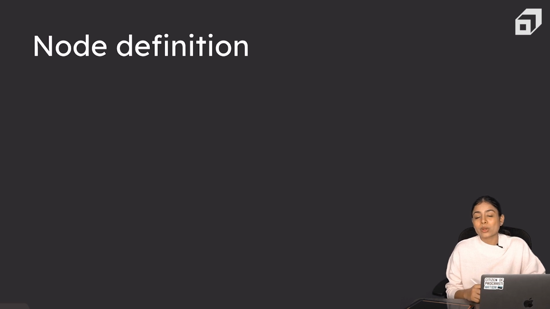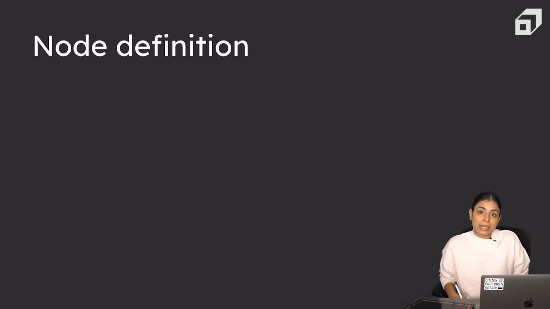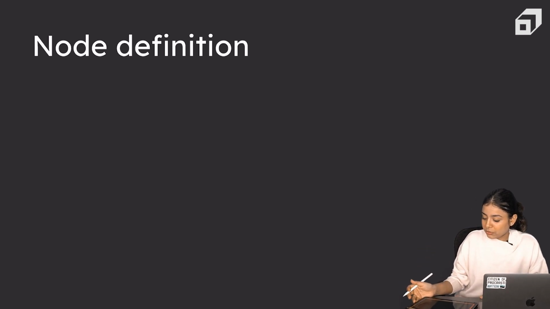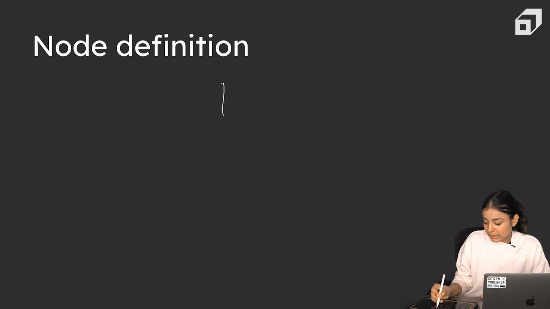So let's move forward and see how we would define a single node in a doubly linked list. What are the things that might change here from the singly linked list? Let's first revise what was happening in a singly linked list. In a singly linked list, every node had two parts.